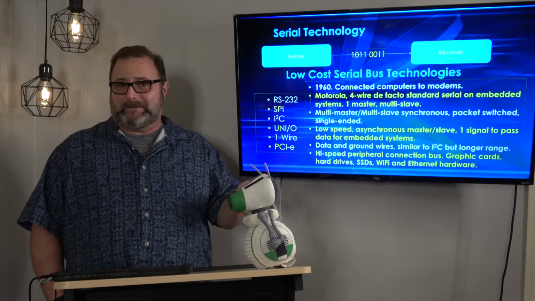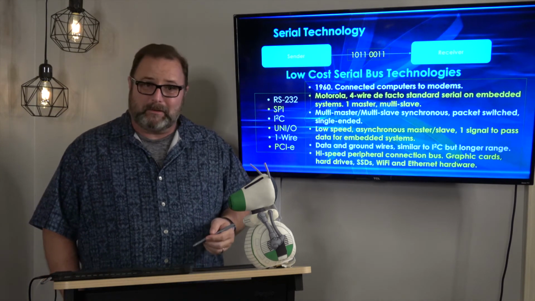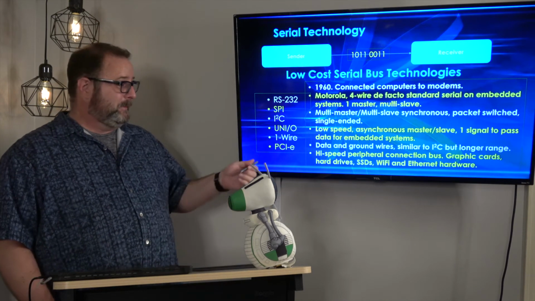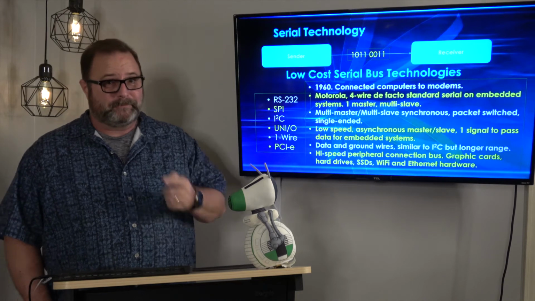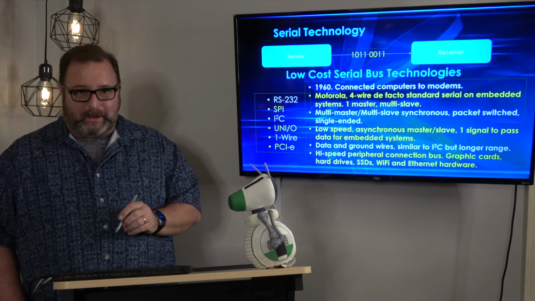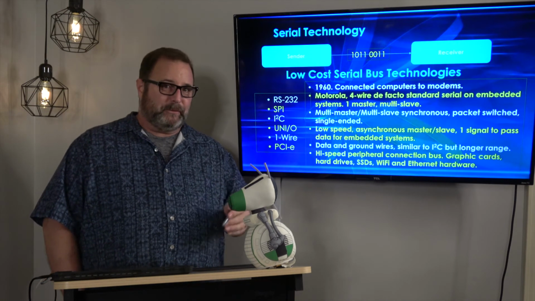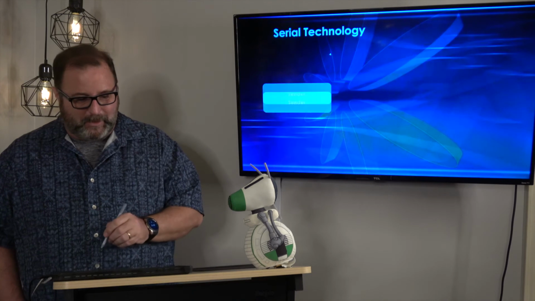Hard drives and SSDs can go through PCIe, as well as Wi-Fi and Ethernet hardware. Okay, so it's a really good standard, and it's really fast, and it's serial. So keep that in mind. Serial is not always lesser than parallel. Okay, all right, so let's keep going.